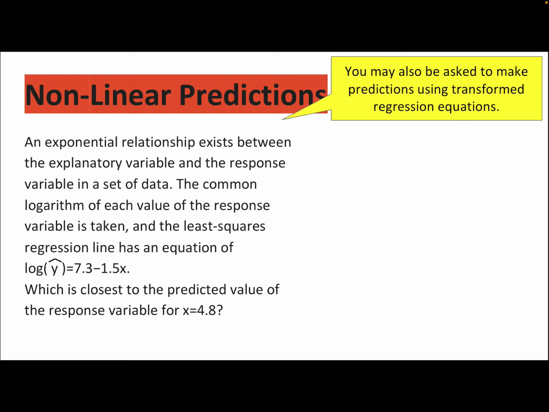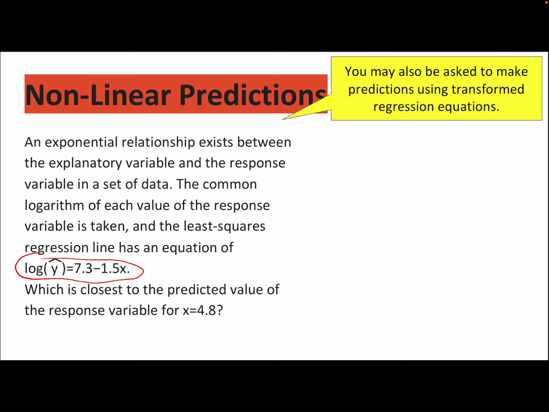The common logarithm of each value of the response variable is taken, and the least squares regression line has an equation of log y hat, or log of predicted y, equals 7.3 minus 1.5x, which is closest to the predicted value of the response variable. So we want to figure out what y is when x is 4.8.